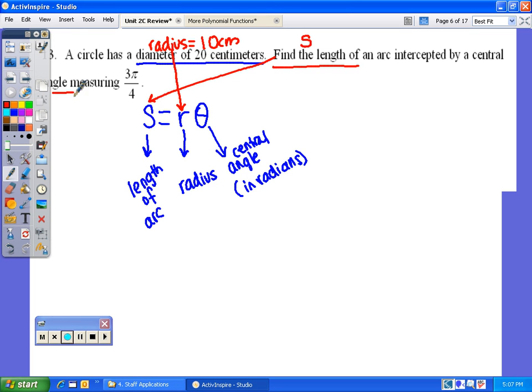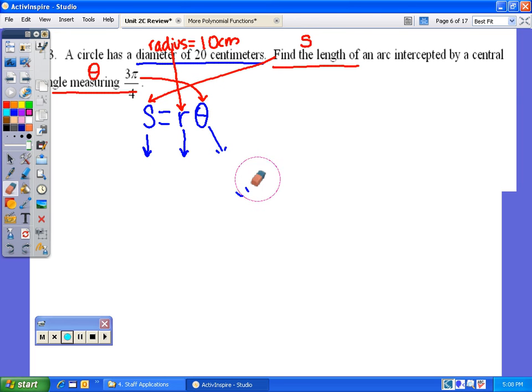So here's that angle, that's theta, measuring 3 pi over 4. So we have all of the information that we need to plug in. Our S is what we're looking for. Our radius is 10, and the central angle is 3 pi over 4.